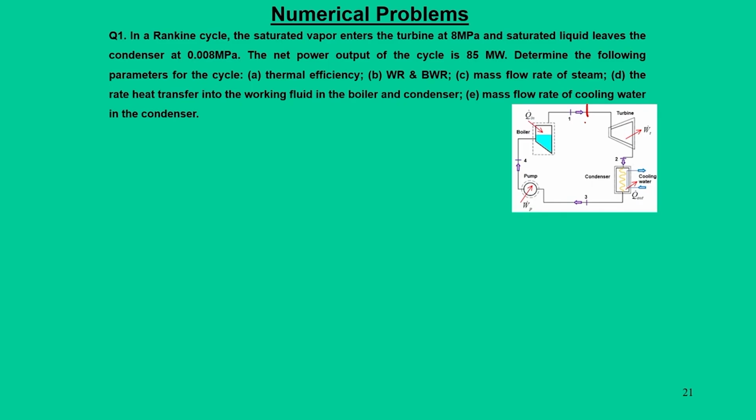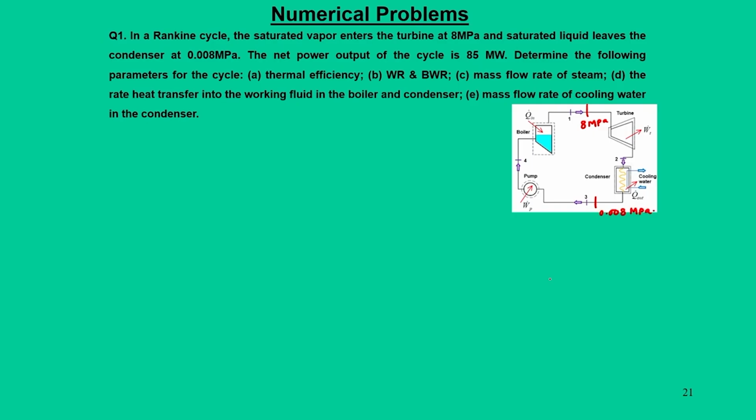If you recall the ideal Rankine cycle circuit diagram, saturated steam enters at 8 megapascal and saturated liquid leaves the condenser at 0.008 megapascal. So at this stage, state 3 is categorized at 0.008 megapascal.